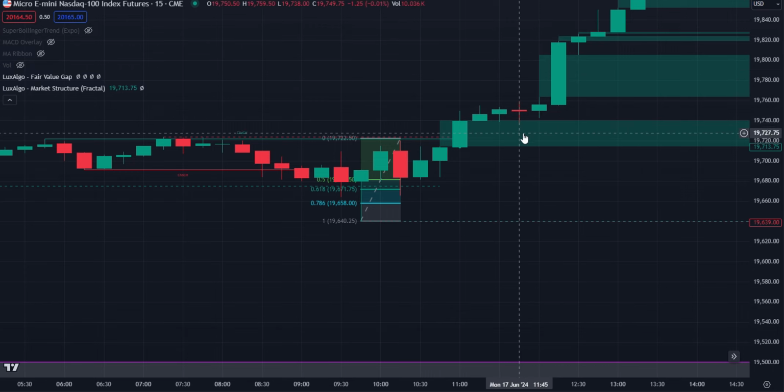But the halfway mark isn't set in stone. It could go further into the gap, but I usually look at the halfway line in the middle of the gap as a zone where I like to look.